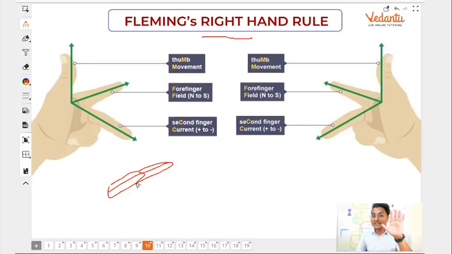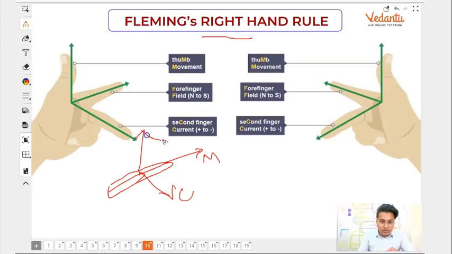By using Fleming's left hand rule: if you project your forefinger, it is the direction of the magnetic field. Your middle finger gives the direction of the current. Then your thumb gives the direction of the force. As simple as that. So this is your magnetic field, this becomes your current, then this will give you a force.